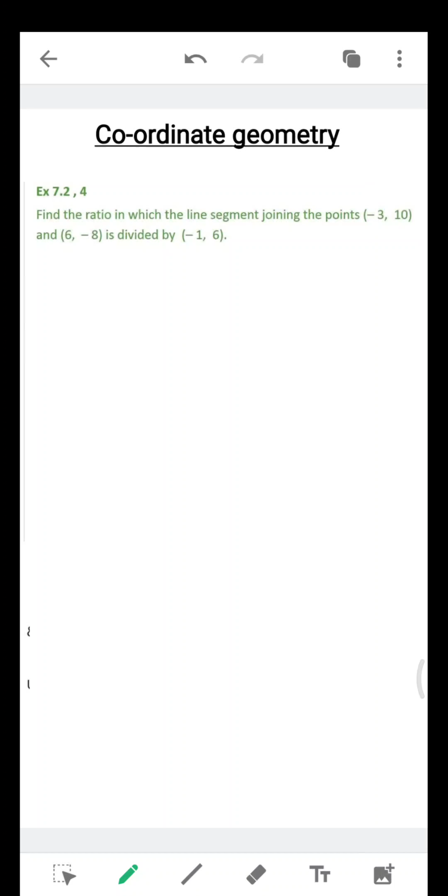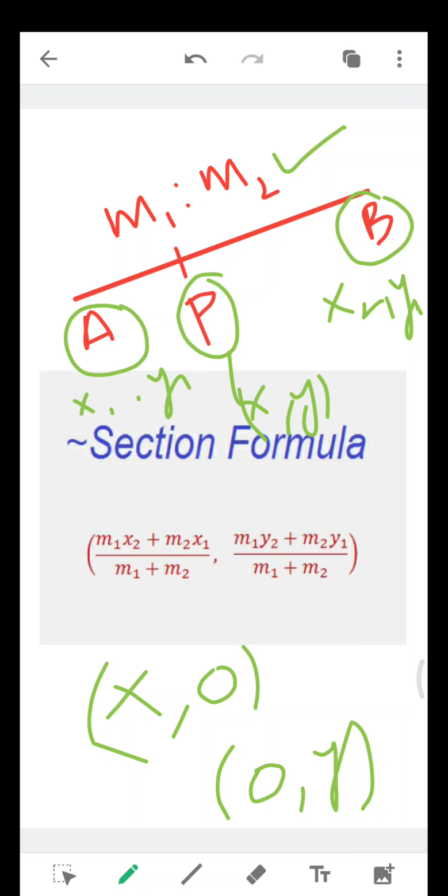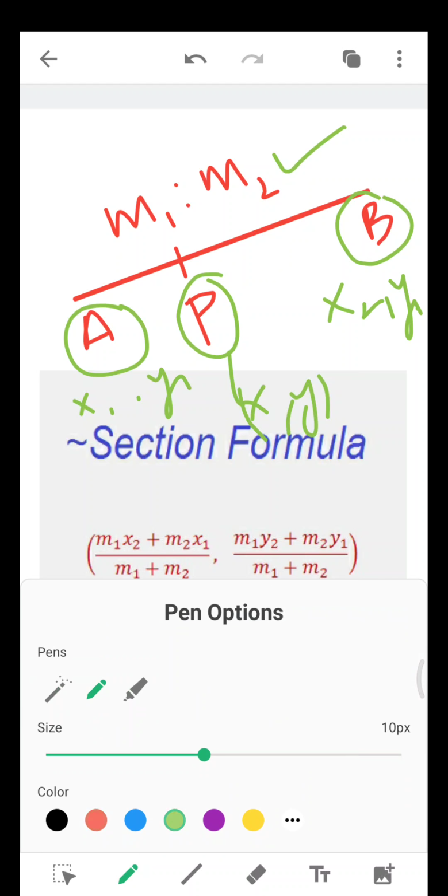Here you are asked to find the ratio in which the line segment joining the points minus 3 comma 10 and 6 comma minus 8 is divided by minus 1 comma 6. If I compare it with the figure, what's given?